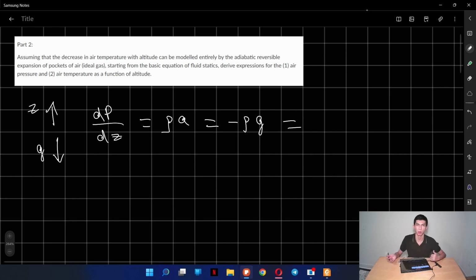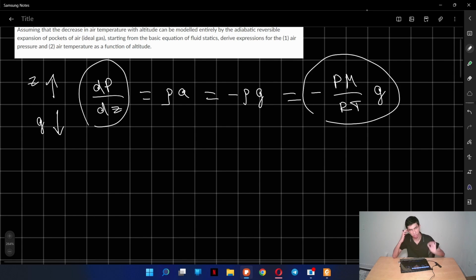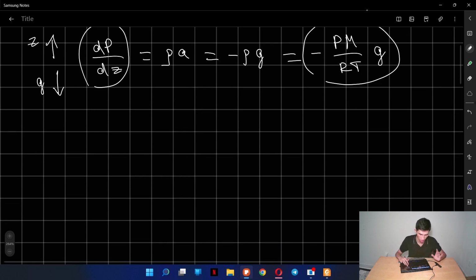Now I can replace density by negative PM over RT times g. But this is considering a very small change in pressure and a very small change in height.